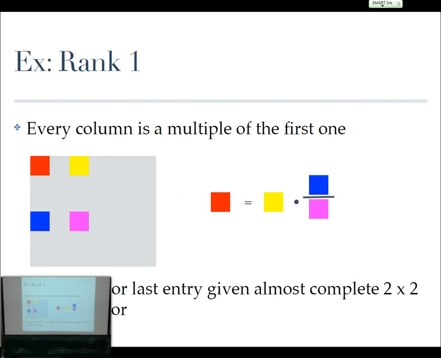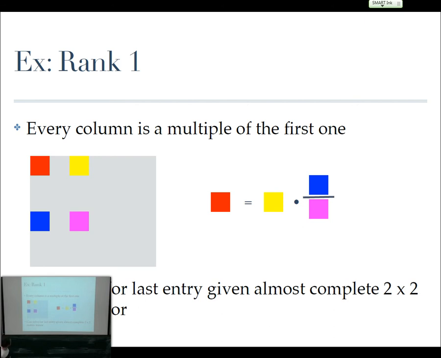Okay, so let's do one of my favorite examples. What about rank 1 matrices? Here you can see with your bare hands what is going on. Every column is a multiple of the first one. So if I have observed, say, these 3, I can get back the 4th by equating the ratios.